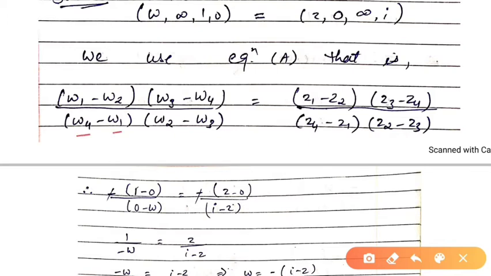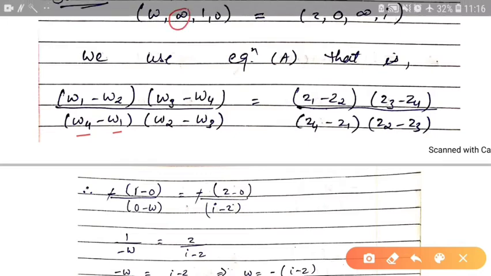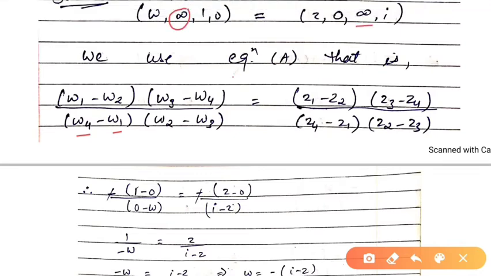See, now here we are having infinity. So whenever we are having infinity in our question, at that time you have to remove that particular bracket. See, here this is W1, W2, W3 and W4. Same way this is Z1, Z2, Z3, Z4.